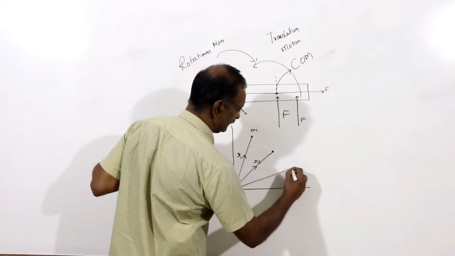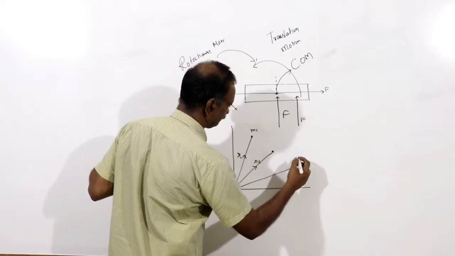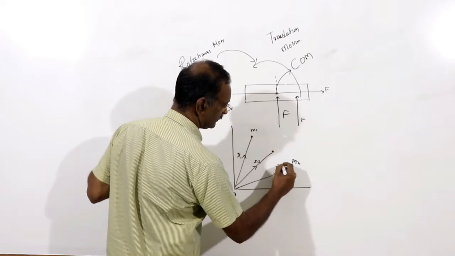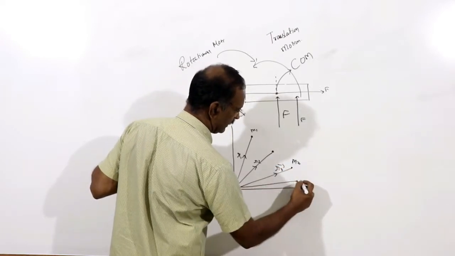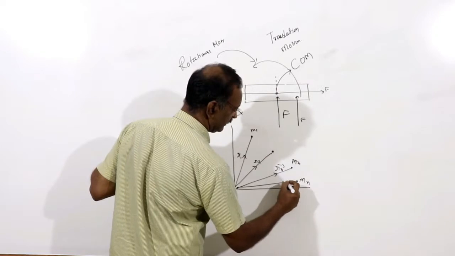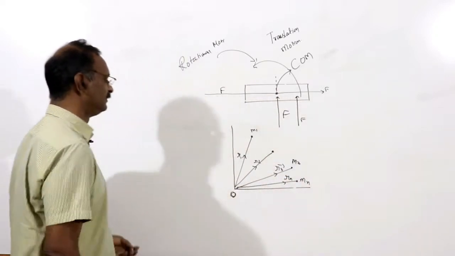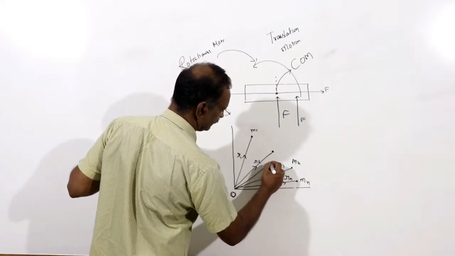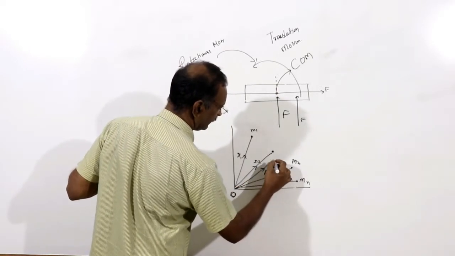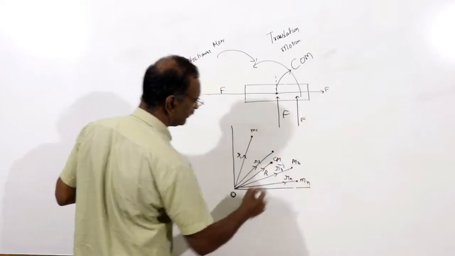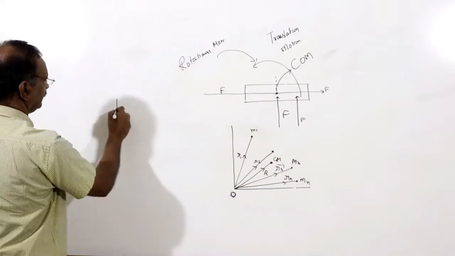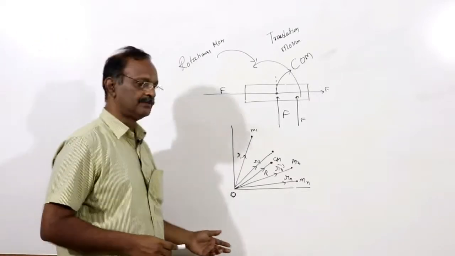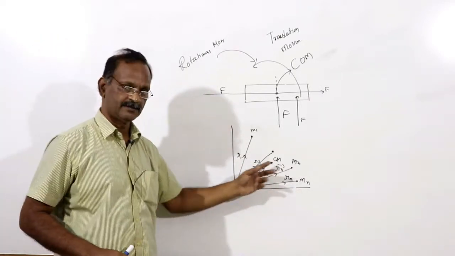Likewise M3 at distance R3, up to the nth particle at a distance Rn. So the center of mass is somewhere at a distance capital R. We calculate RCM, which is the distance of the center of mass from the origin.